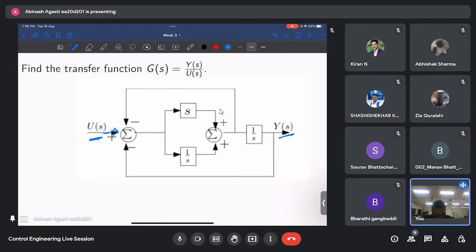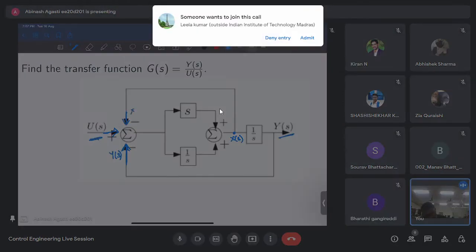This signal is U(s). Now this one and this one will depend on what happens at the output end of the signal. Through this one Y(s) is coming, and through this one this point value is coming. Let's say it is X(s).